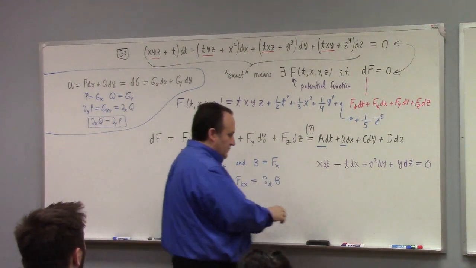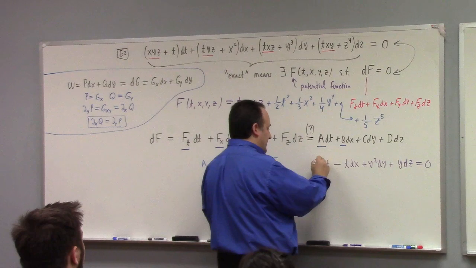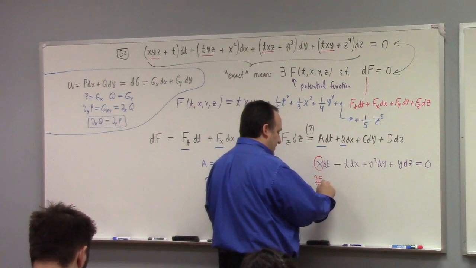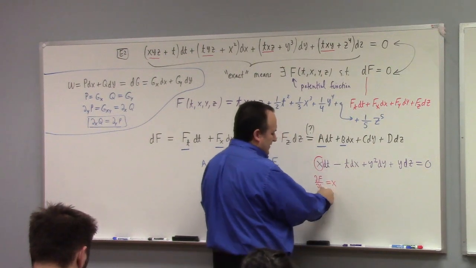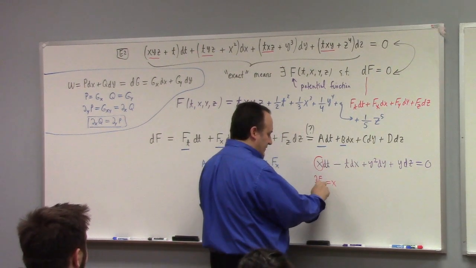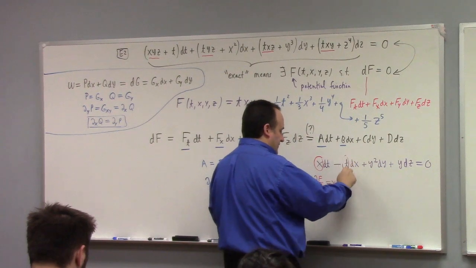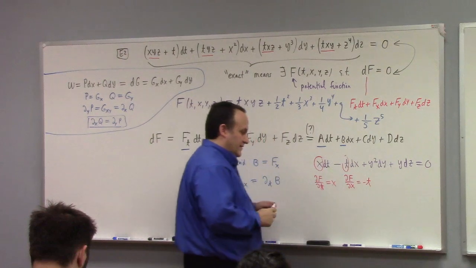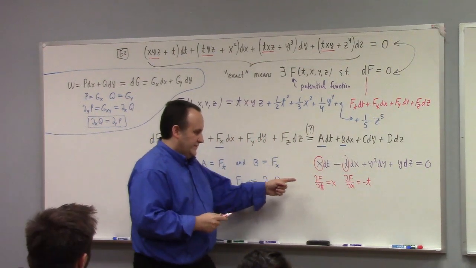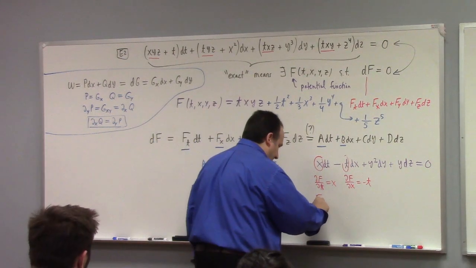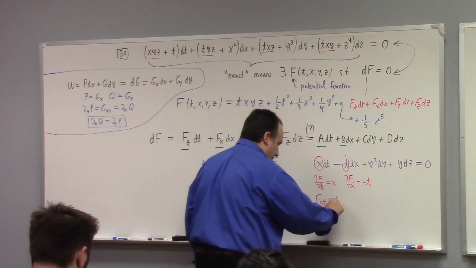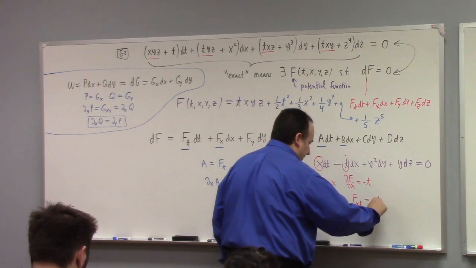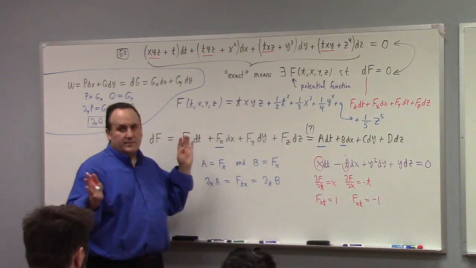If partial f, partial t is x here, and partial f, partial x is minus t, then if I differentiate this with respect to x, I get 1. Whereas on the other hand, if I do the mixed partial, I get minus 1. Game over. It's not exact.